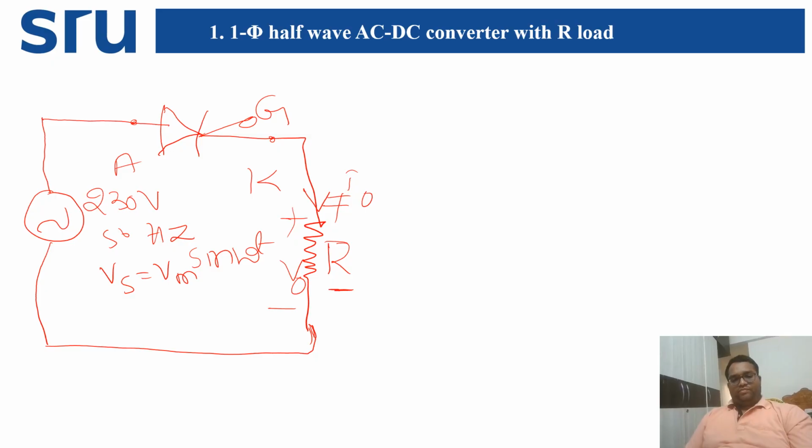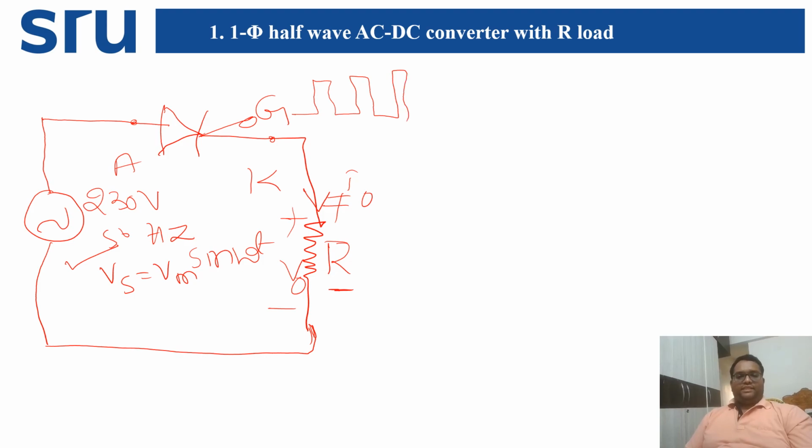Now we'll see the step by step operations. What are the possible waveforms here? One waveform is the source voltage, and along with that one more waveform is the thyristor gate signal. The gate signal is nothing but activating the switch step by step, 0 1 0 1 0 1 0 1. Like that we are going to operate the switch.